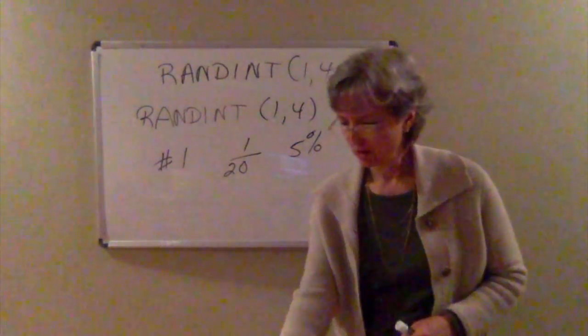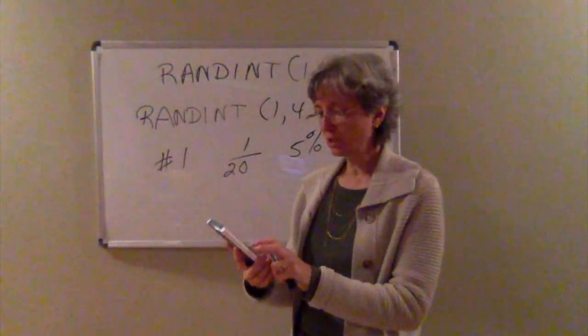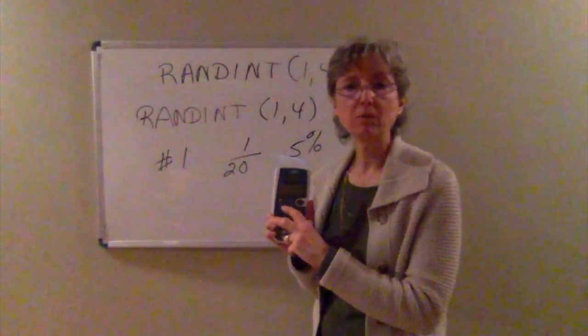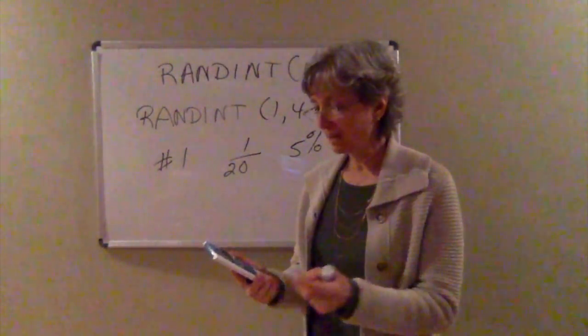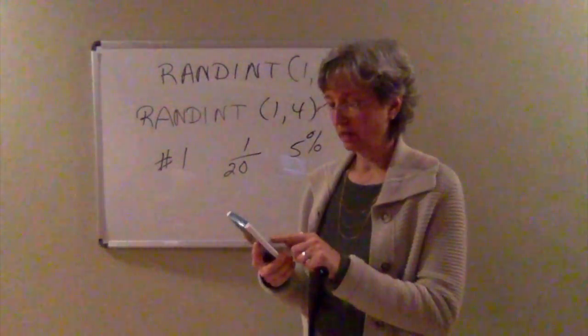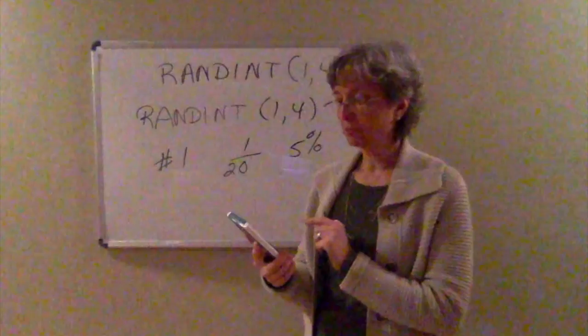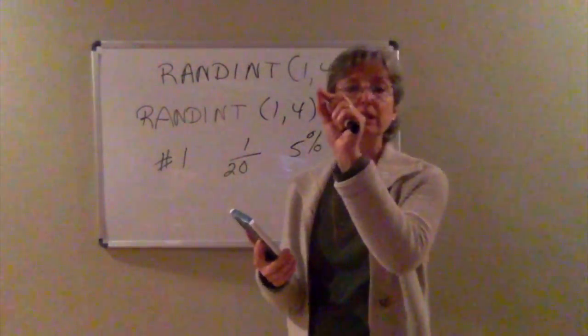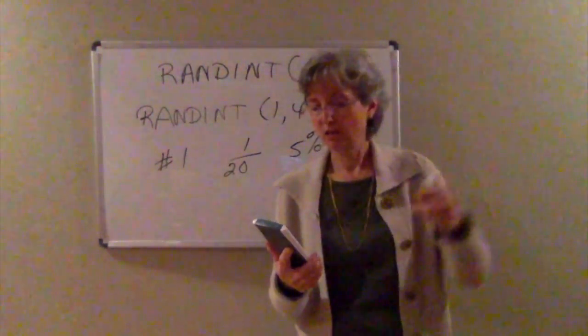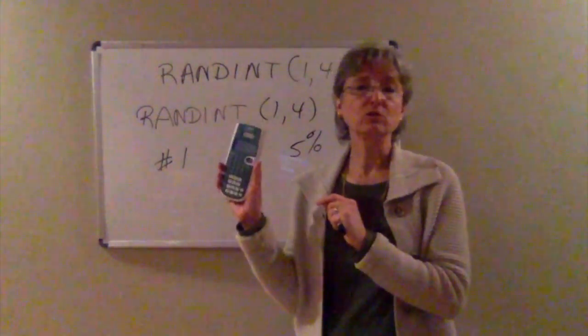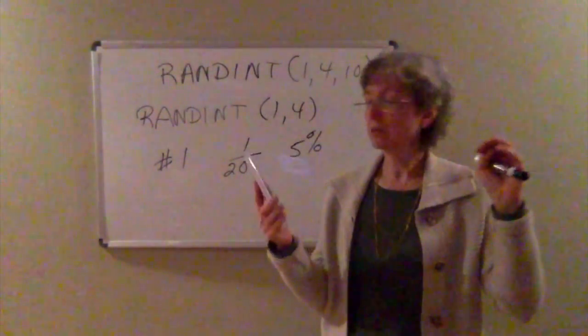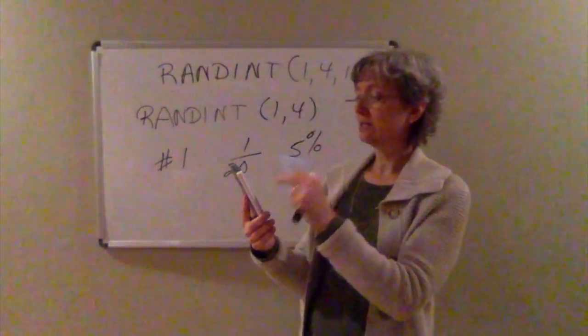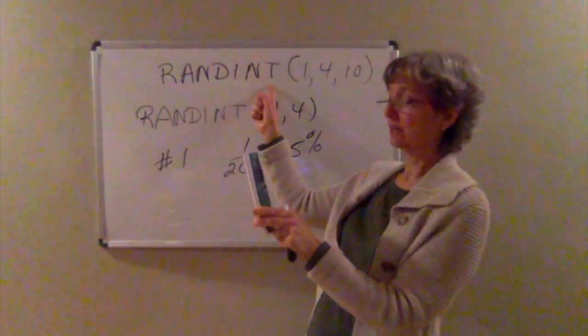Experiment with that. Let me show you. It's usually in probability. There's a probability button often. So in this calculator, if I hit probability, I see PRB, and then I see RAND. So I arrow over to RAND, which is random, and then I can see randInt like this.